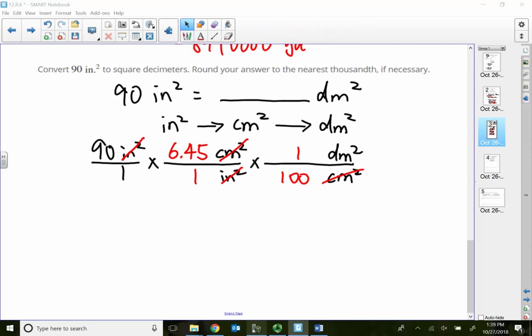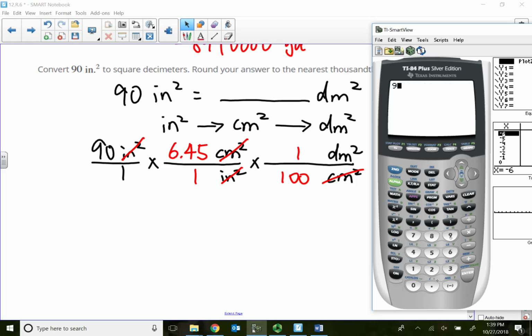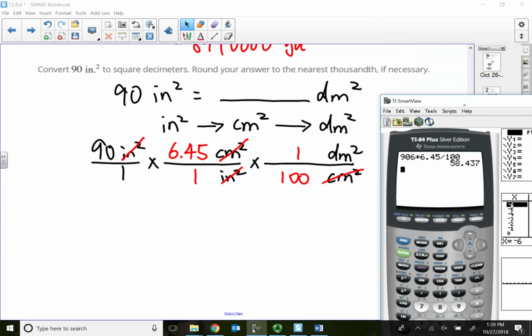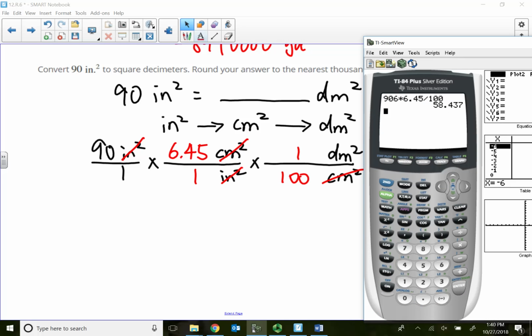So this problem is simply 90 times 6.45, right? And then divided by 100. My answer, 58 points, round to the nearest thousandth, so that will be 58.437 square deci.